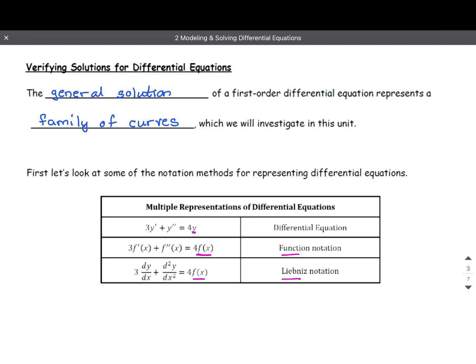That also means that our f prime of x can be written as y prime or dy/dx, right? dy/dx is the Leibniz notation. And that means that our second derivative of f of x could be written as y double prime or d squared y over dx squared, the derivative twice of y with respect to x twice, okay? These three equations represent the same differential equation. They are all three different ways to write the same differential equation.